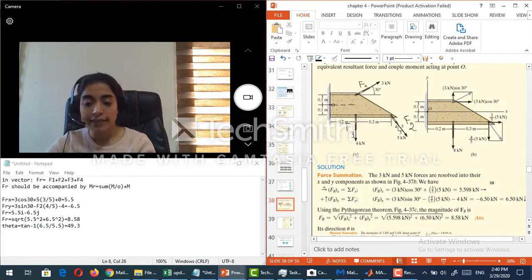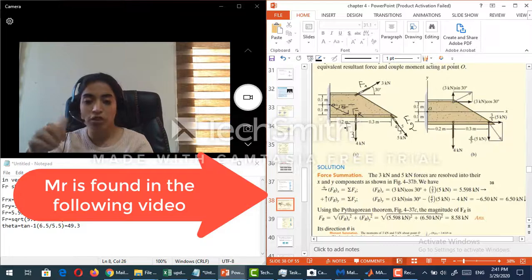This force has a magnitude of 8.58, and don't forget that it has a negative y component. So this is F resultant, and this is theta. This is the first resultant component, which is the force.